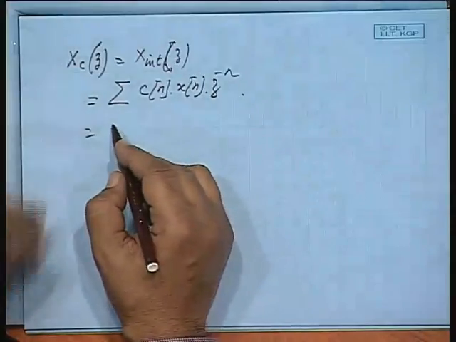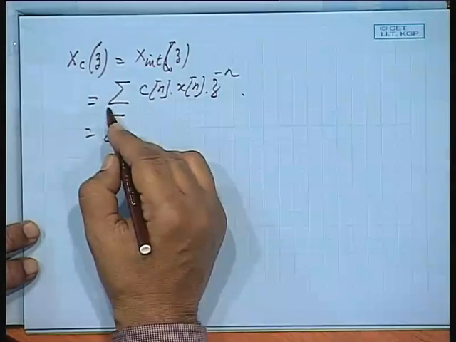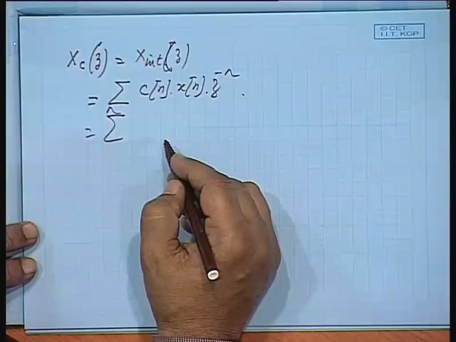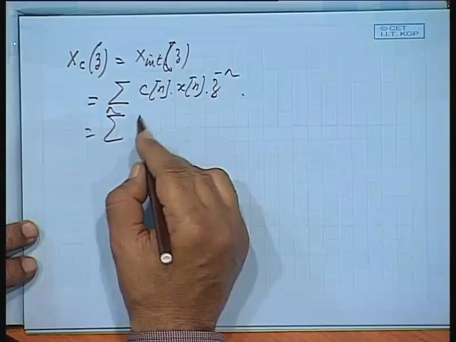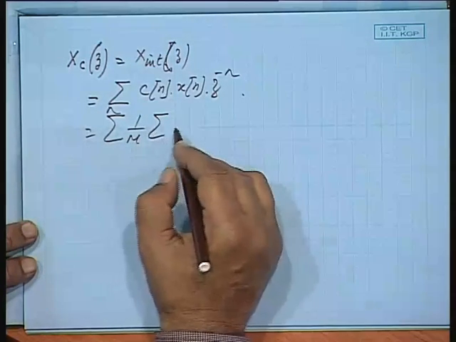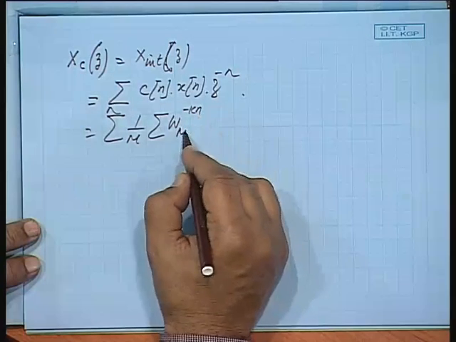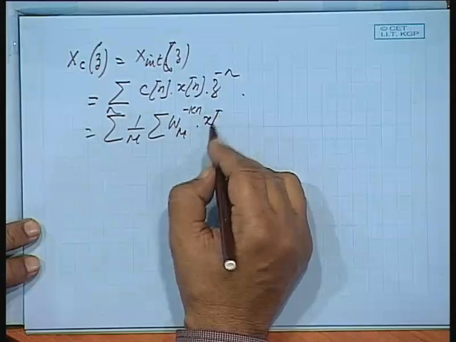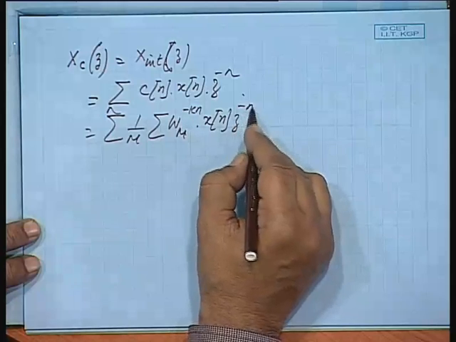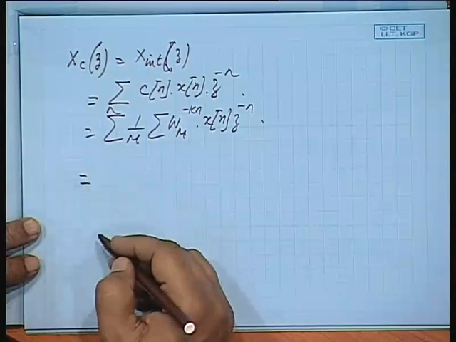So, I will put it as, this is varying over n, 1 by m sigma Wm minus Kn Xn and z to the power minus n, okay.